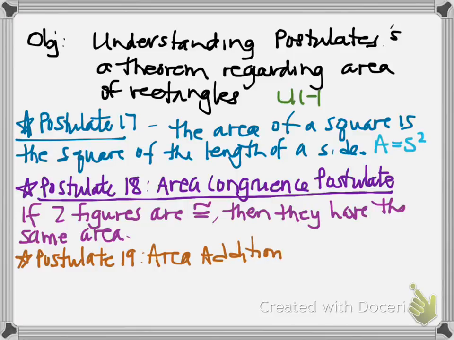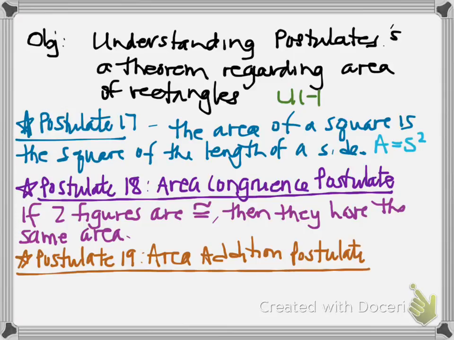You've actually used area addition postulate when you were given a weird looking shape and then you tried to break it into recognizable shapes like rectangles and squares and whatnot, and then you figured out the area of each of the pieces and you could add them together to figure out the area of the original weird shape, since there is no formula that fits that weird shape. So you've done that back in probably 5th, 6th grade. You guys dealt with that idea.